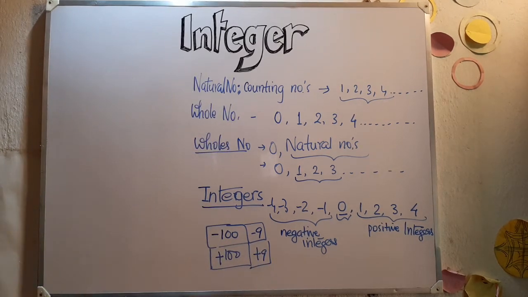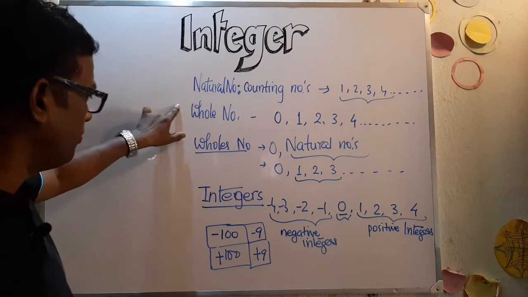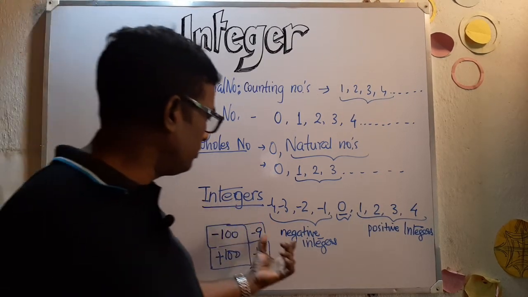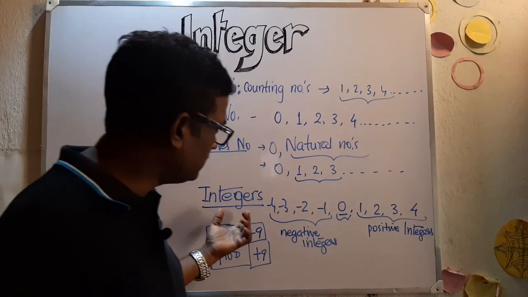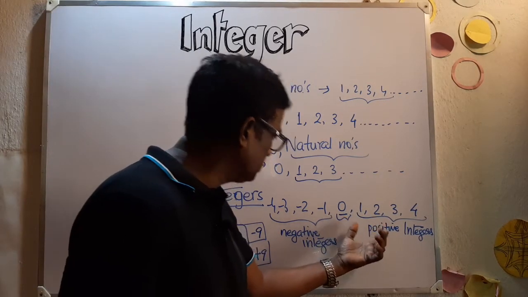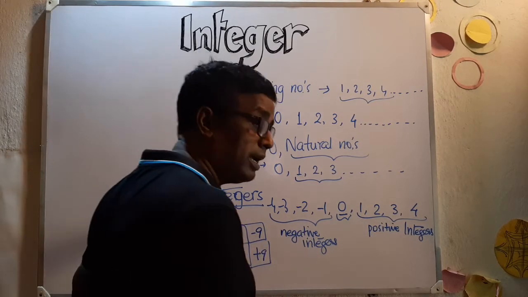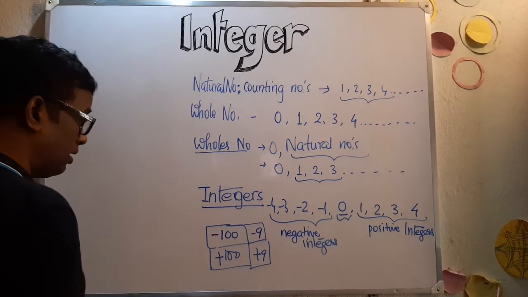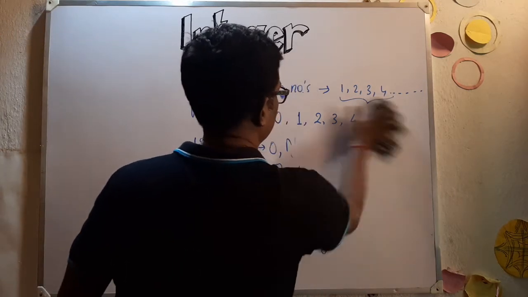So let's recap once again. Integers are the counting numbers that include 0 along with their negatives; that means whole numbers and the negatives of whole numbers can be termed as integers. Now we'll carry on various operations on integers.